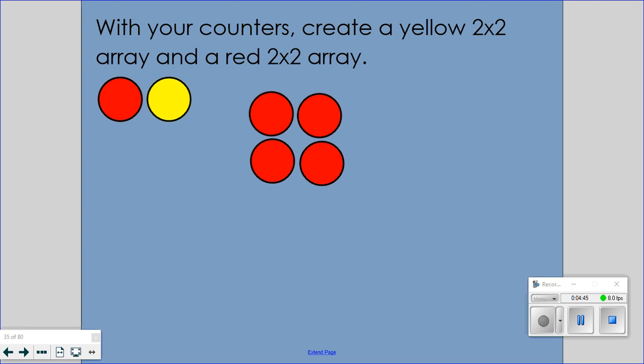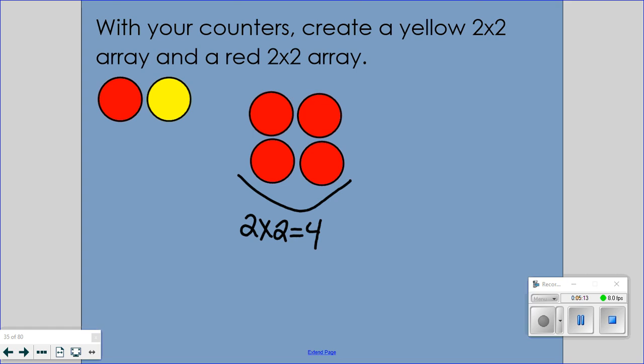With your pencil, let's write the equation that matches what we just drew. It's not going to be tricky. What equation matches that array? Leslie. Keep going. How am I going to turn that?